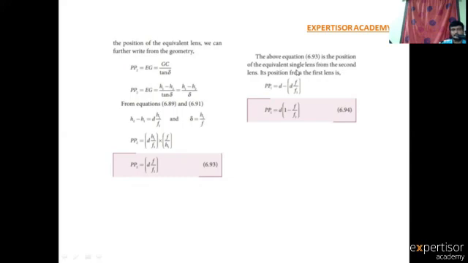This equation gives the position of the equivalent single lens from the second lens. Its position from the first lens is PP1, that is equal to d minus d into f divided by f1. PP1 is equal to d into 1 minus f by f1.